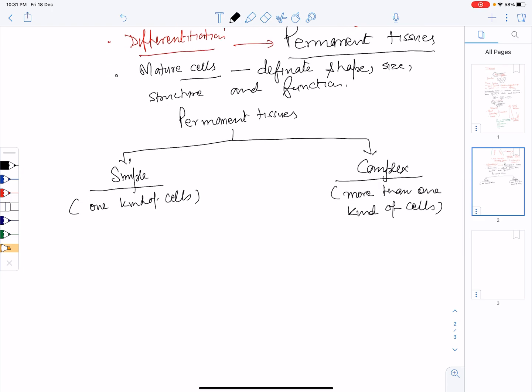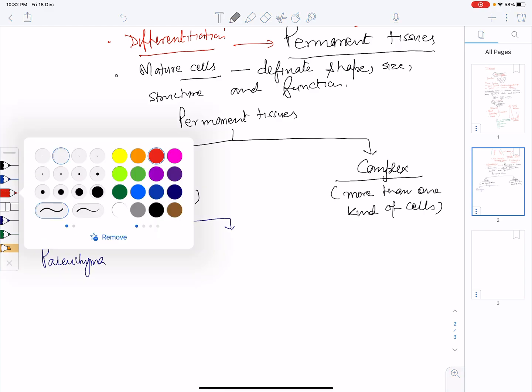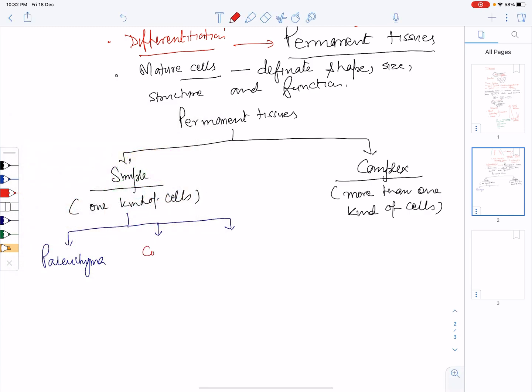Now, simple tissues are of three types: parenchyma, collenchyma, and sclerenchyma.